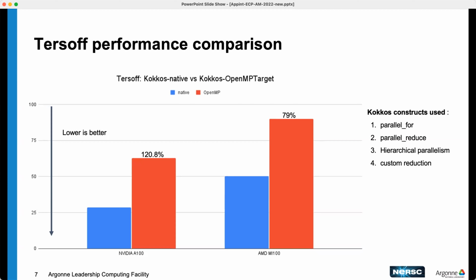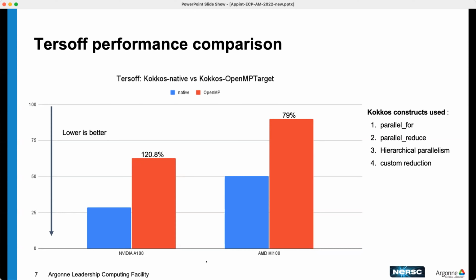Here we are showing a similar comparison for the Tersoff potential. The difference between Lennard-Jones and Tersoff is that the relative difference between the backends on NVIDIA is higher compared to the AMD backends.